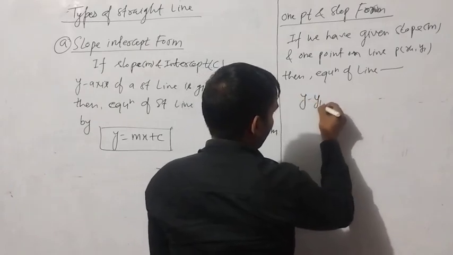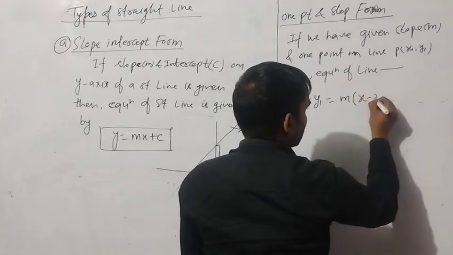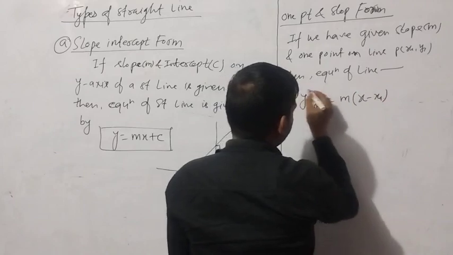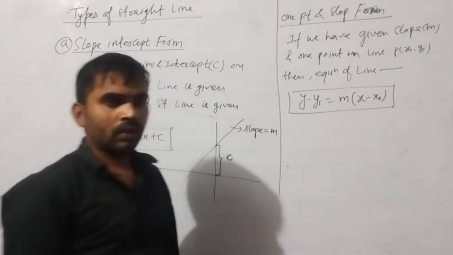Y minus y1 is equal to m times x minus x1. Okay, so this is the second type of equation of how we can draw.